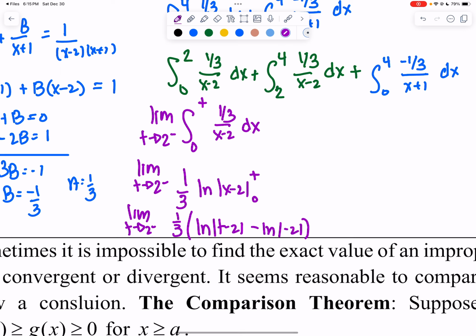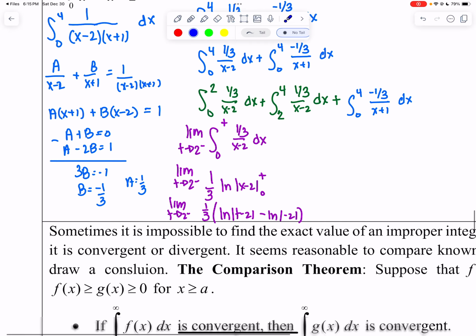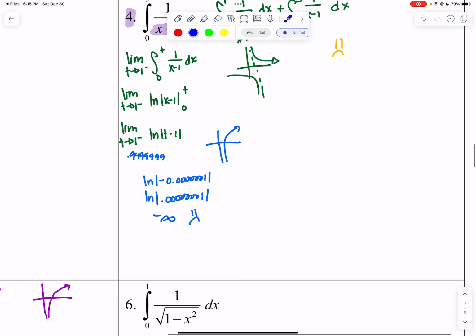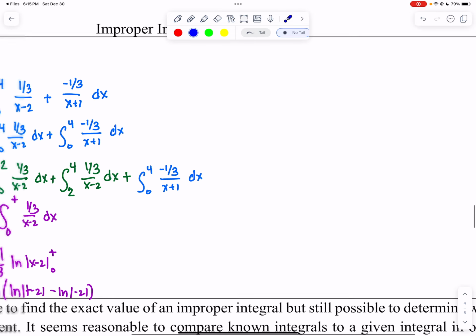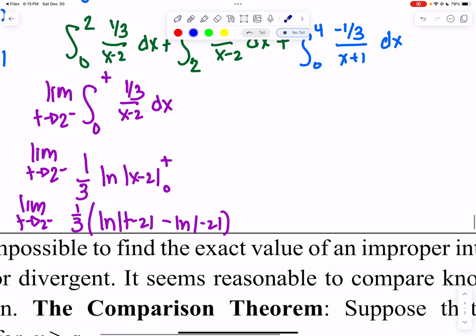Which is ln of 2. So far, so good, because we have ln of 2, and then we have this 1/3 right here. We have to figure out what this is right here. And this is kind of similar to what we did right here. Notice how this is 1 to the left, and this was x minus 1. And this is 2 to the left, and t minus 2.